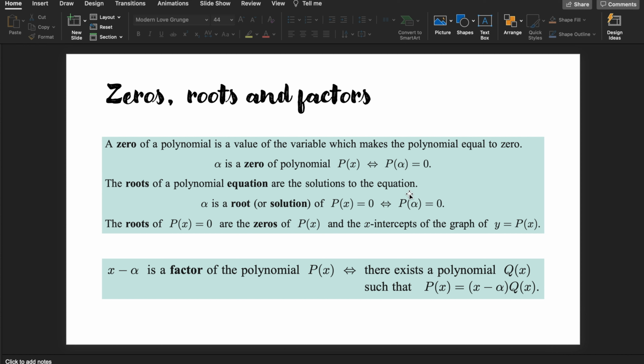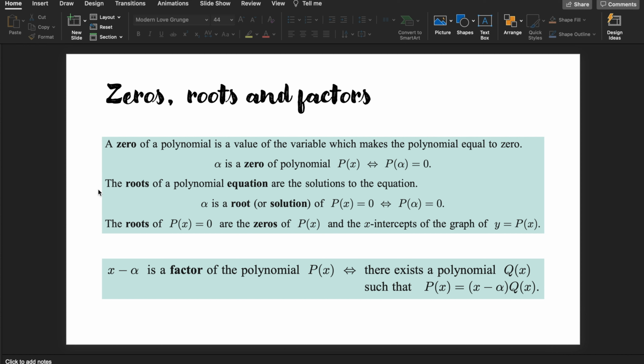So this is obvious because we usually equate a polynomial to 0 in order to find the solution or the zero of the polynomial. So if you substitute the value of alpha into p of x, then you'd get 0 because alpha is the zero of the polynomial.